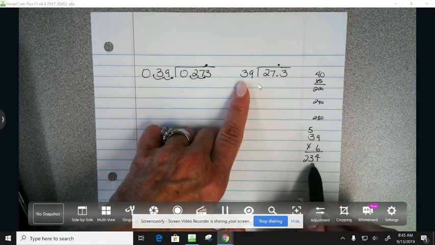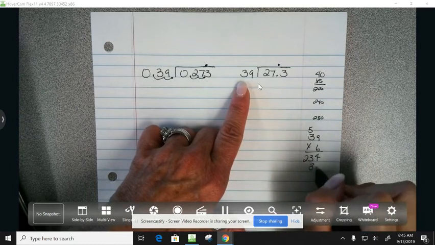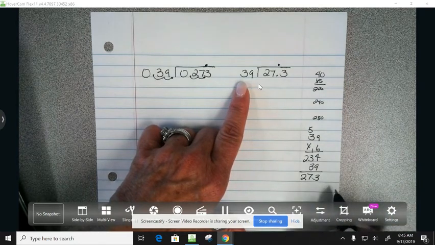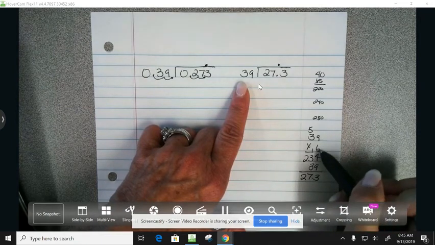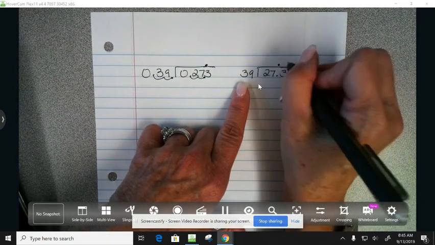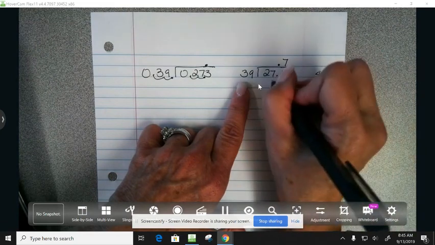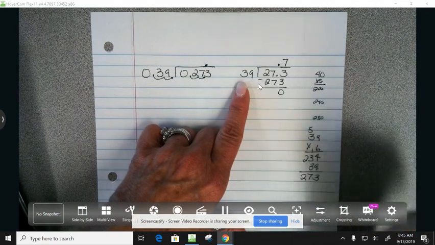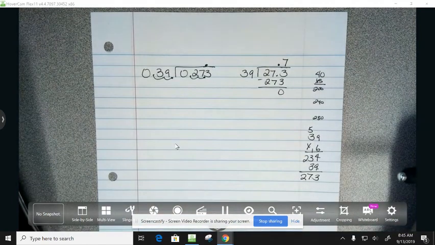And then it looks like I might be able to get one more group of 39 in there. And it's exactly 273. So it's not 39 times 6, it's 39 times 7. Put my 7 up there, and I'm going to multiply that for 273 and subtract for 0. And that is the end of that problem.